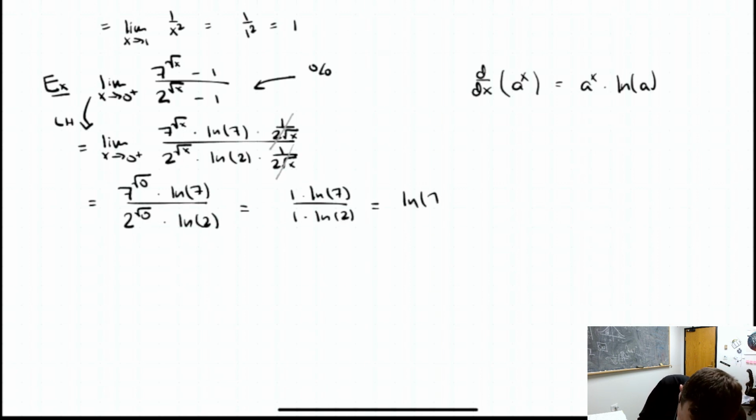So we end up with the ln of 7 over the ln of 2, which, just for fun, we could also rewrite as a single log. It's a rule of logarithms. That's equal to the log base 2 of 7.